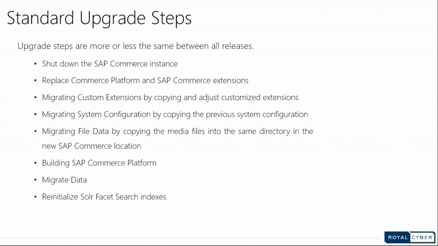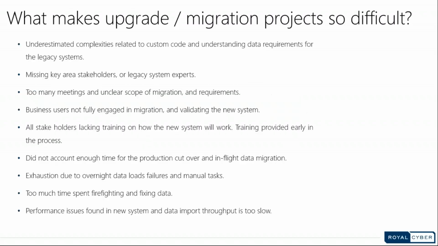Then we migrate the file data by copying the media files into the same directory in the new SAP Commerce location. Then we build the SAP Commerce platform and migrate the data. Finally, once we bring up the server, we reinitialize the Solr facet search indexes and all.